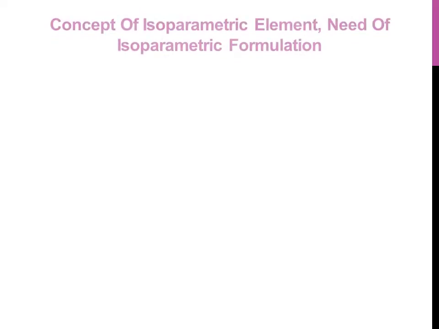In this, first of all, the concept of isoparametric element and what is the need of isoparametric formulation. Before going to this unit, in the first 3 units we already saw the 1D and 2D elements, and in that we already saw some rectangular elemental geometry and triangular element geometry.